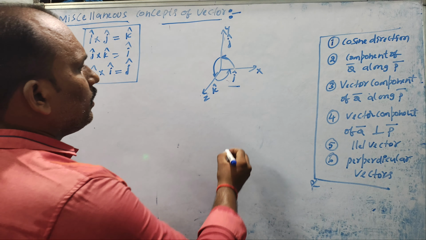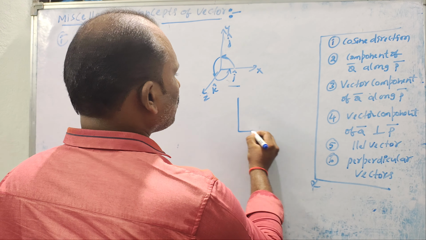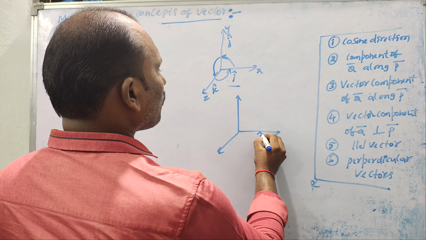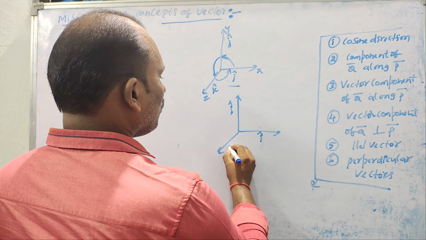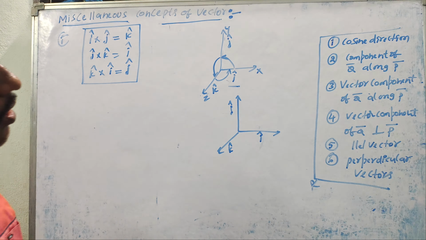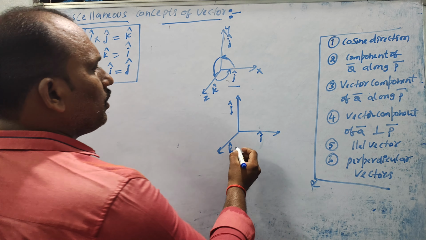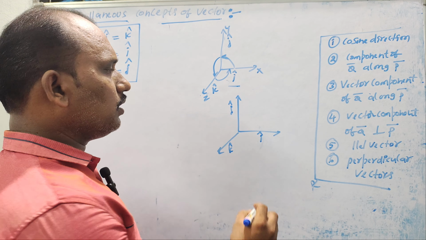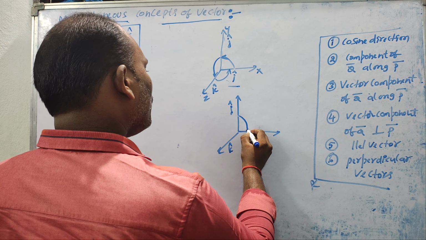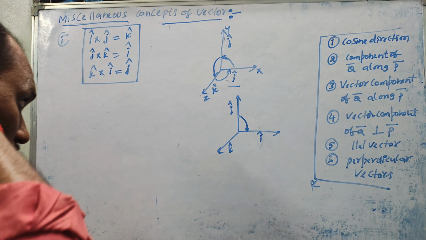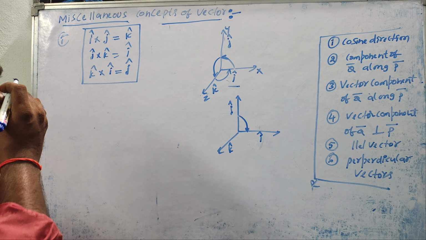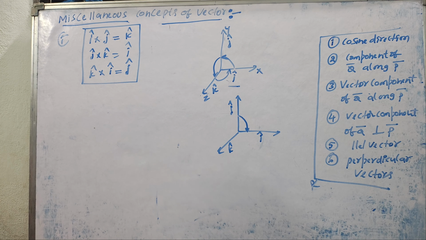And the second one, same diagram, but my approach is different right now. Let us say this is i cap, this is j cap, this is k cap. Now I am moving in the reverse direction. Previously I was moving anti-clockwise, now I am moving in the reverse direction. So we know the commutative law: a cross b is not equal to b cross a.